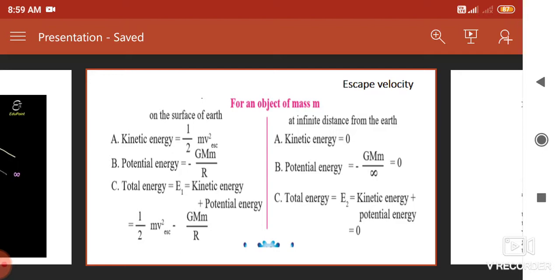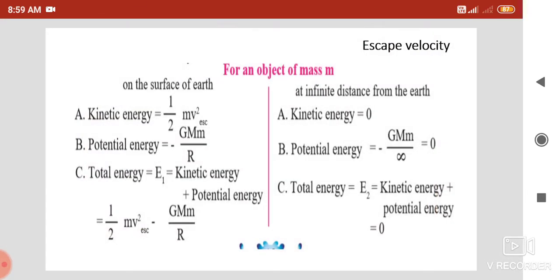So we can find it this way. For an object of mass m on the surface of the earth, kinetic energy is equal to half m v_e squared, where v_e is the escape velocity, and potential energy is minus GMm upon r.